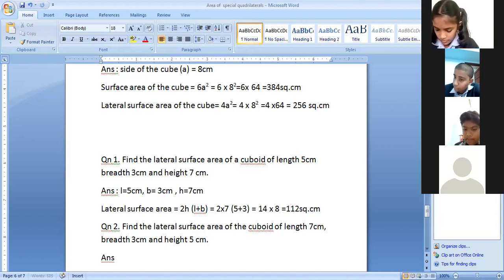Okay, what was your answer for the first question? 112 square centimeter, correct.